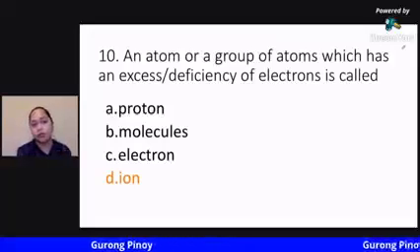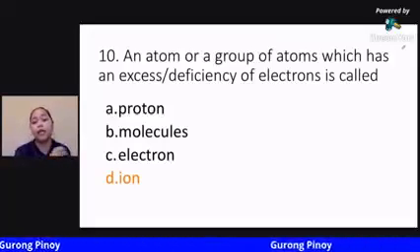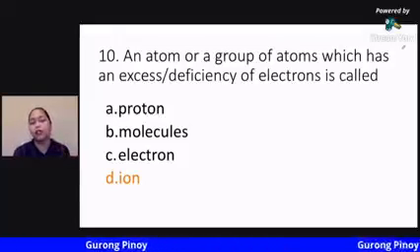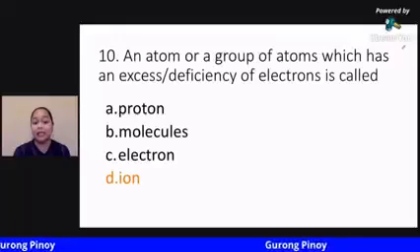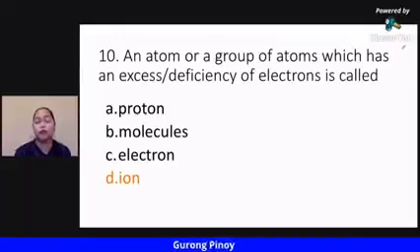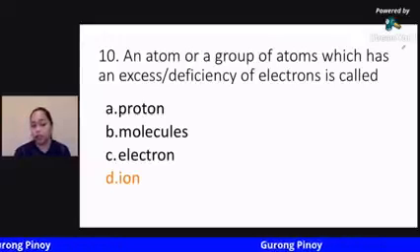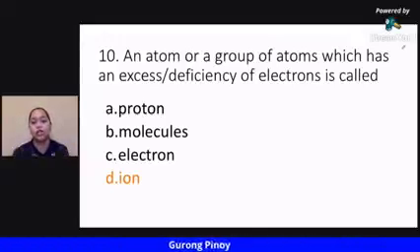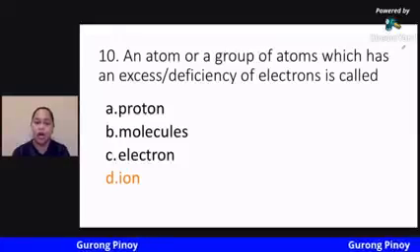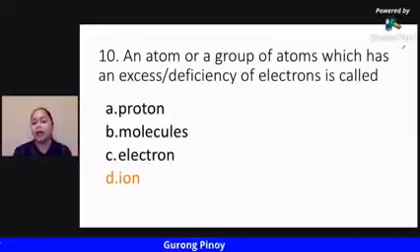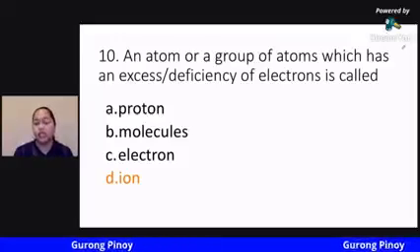Usually yung nagsasubtract lamang po at nag-add would be the electrons. Dahil nga sabi ko sa inyo, yung electrons yung magalaw, yung electrons yung involved sa bonding. Sa pag-perform ng different compounds, pag-perform ng bonding, it is the electrons that are involved and not the protons. Yung protons po, yung neutrons mo would just be intact in the nucleus. Okay, so ion would be the correct answer. Again, ions are atoms with excess or deficiency of electrons.